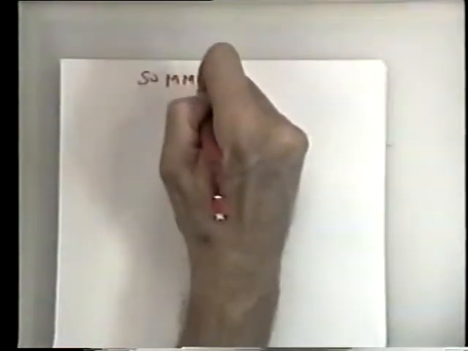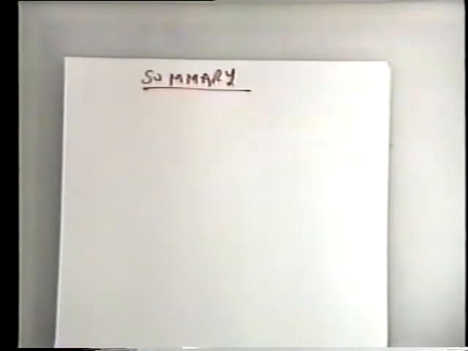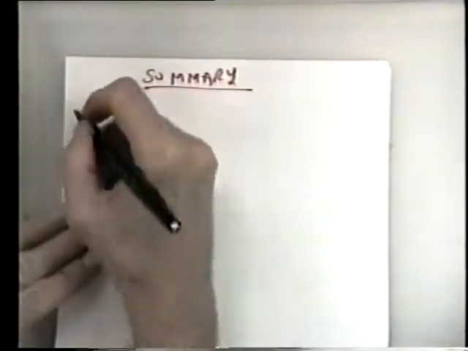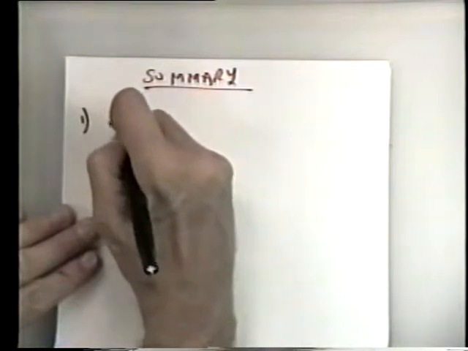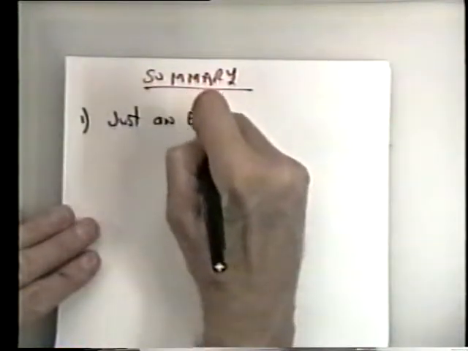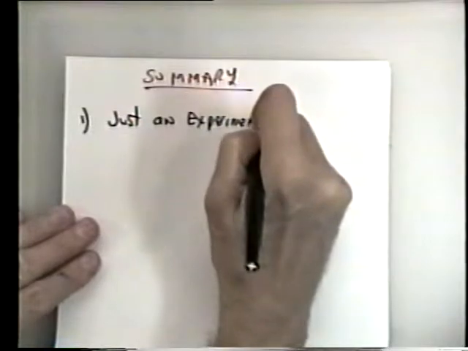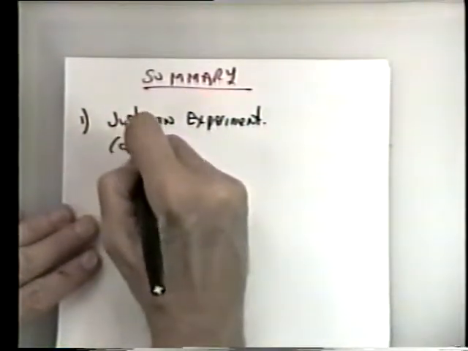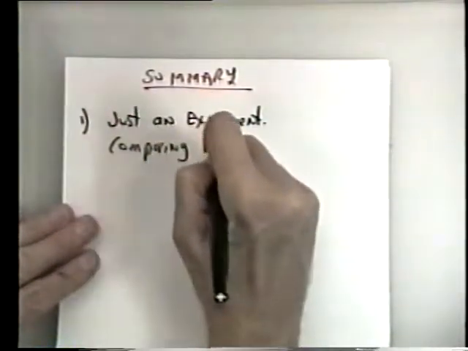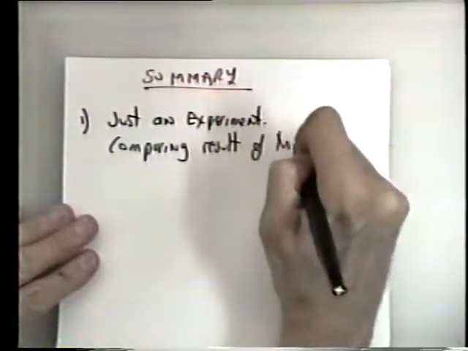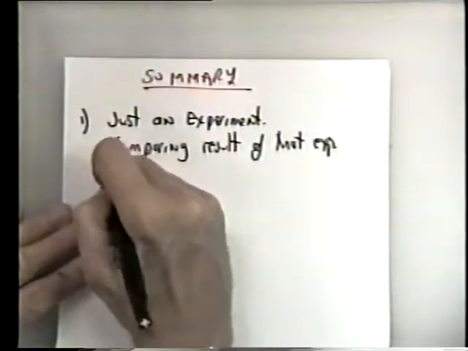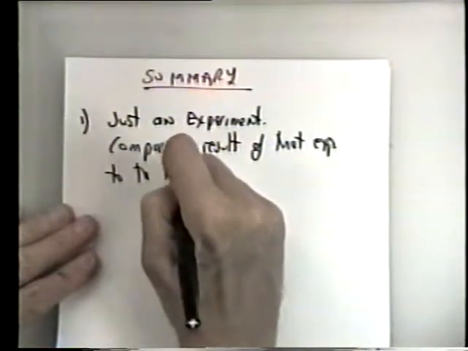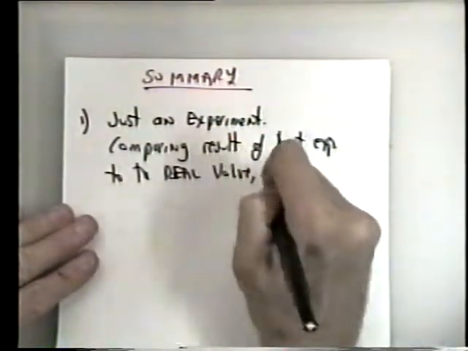Okay, so let's review all this together to see where we are. This is the summary of where we are today. In the first case, we do just an experiment, and what we're doing is comparing the result of that experiment to the real value, which we know somehow.